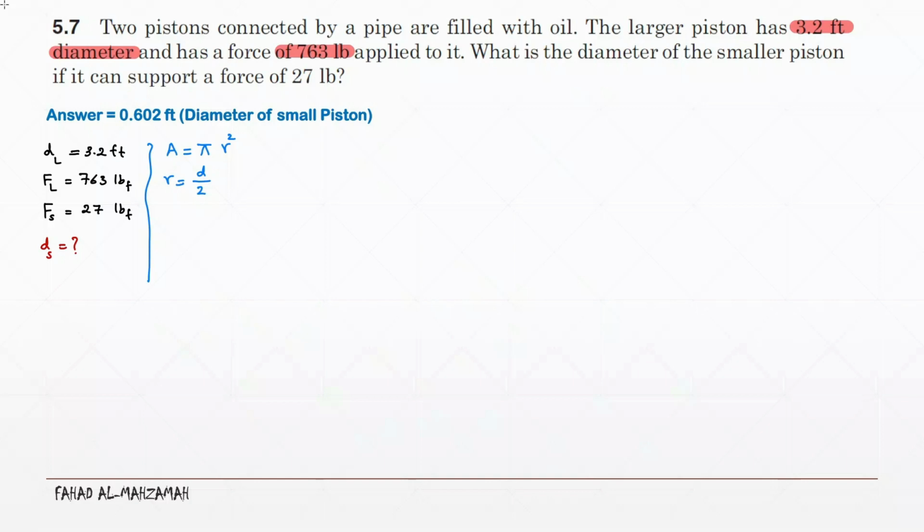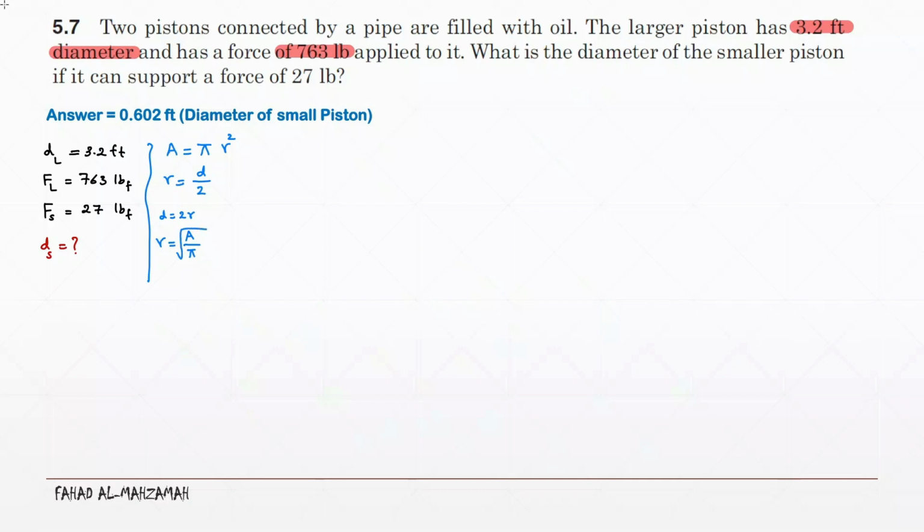And of course d is equal to 2r. And r can be found from the area: since the area is pi r square, you divide the area by pi, and to take out the square, you take the square root.